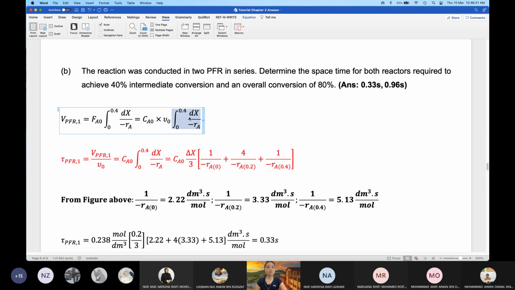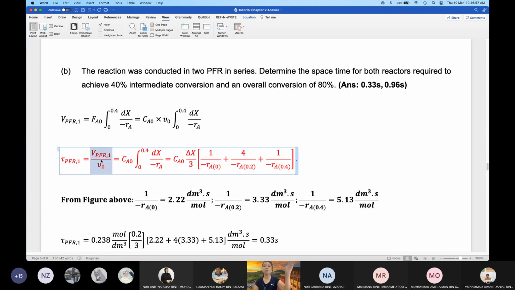So when I do this, what happens? Saya nak space time kan? So if you realize, I can move my V0, my initial volumetric flow rate, from right to left, it becomes a division. So it becomes volume PFR 1 divided by initial volumetric flow rate.